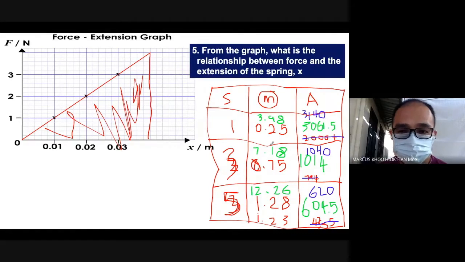Stiffness is the hardness of the spring. The more stiff it is, the bigger its gradient. The second thing is when the stiffness increases, the area under the graph decreases.